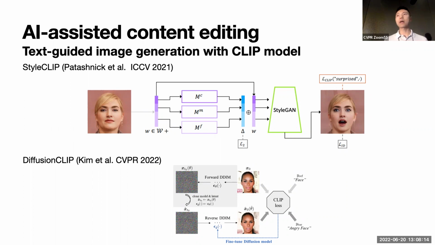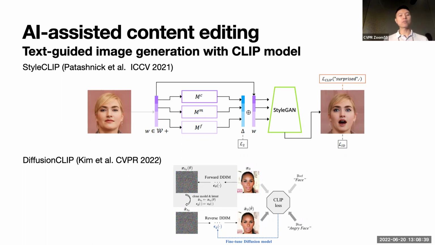Those models try to combine the image-language model, the CLIP model, with image generators. In that sense, when people input some text, this text will be turned into latent vectors by these CLIP models. Then this information can be input into the generators, and then we can control the generation process.